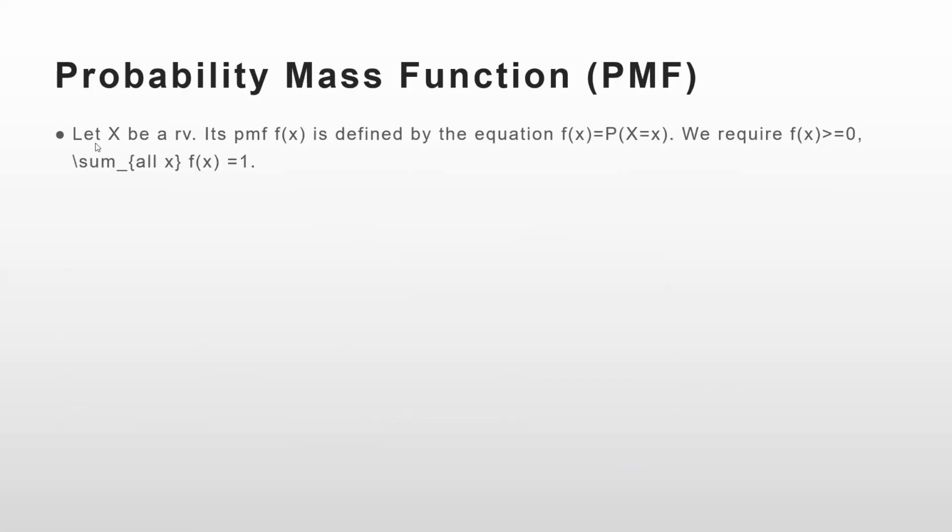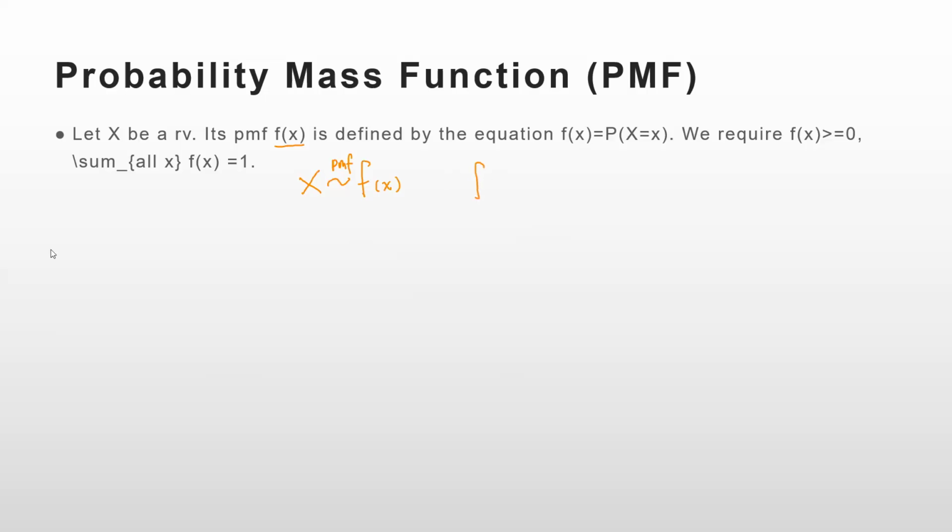Next, we study the probability mass function. It's usually denoted by f of x. The meaning of f of x is this: if we have a random variable which has a PMF of f of x, this is the notation I use to denote that a random variable capital X has the probability mass function little f of x.